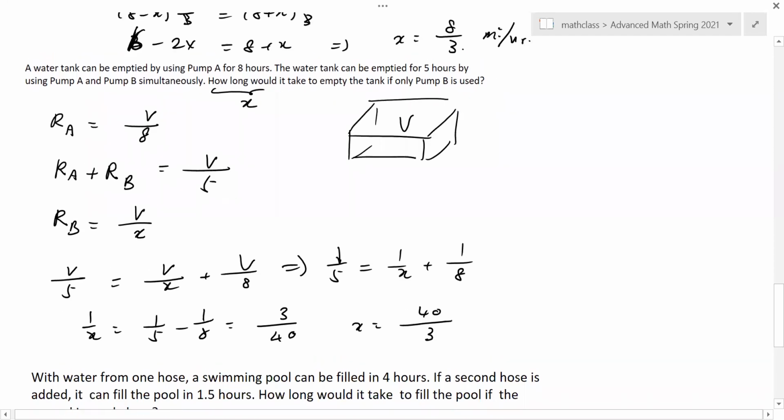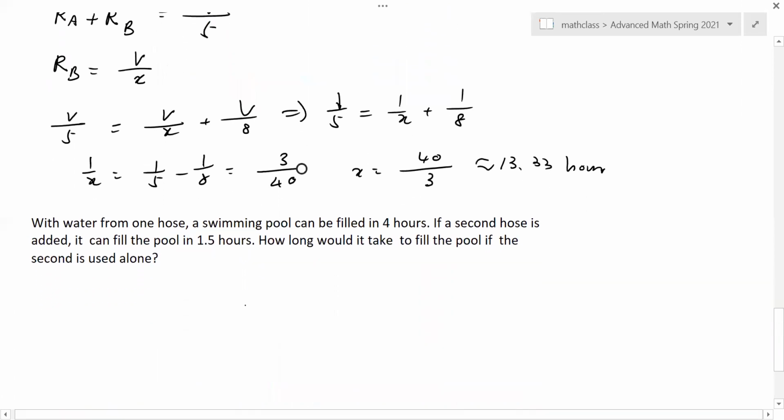You can estimate, it's about 13.3 hours. So you have to briefly introduce some variables. Some will be used, some will be canceled out. If you're not given the volume of the tank, then you can assume that it's just V, or assume it to be 1. All right, so try the next one.